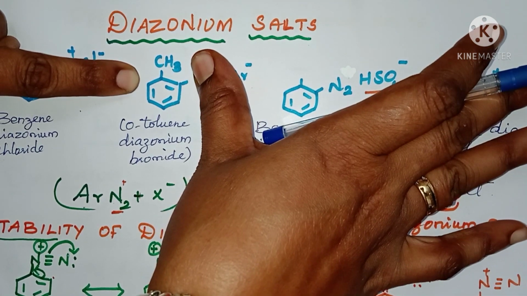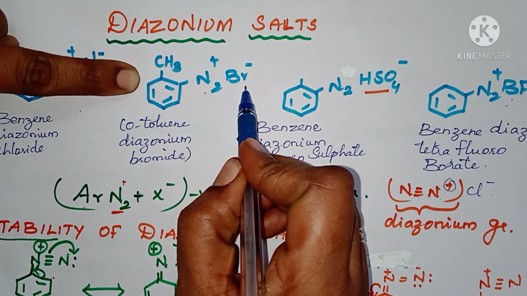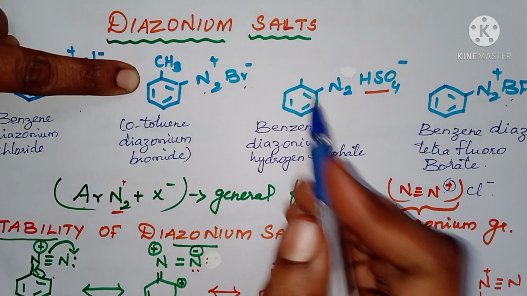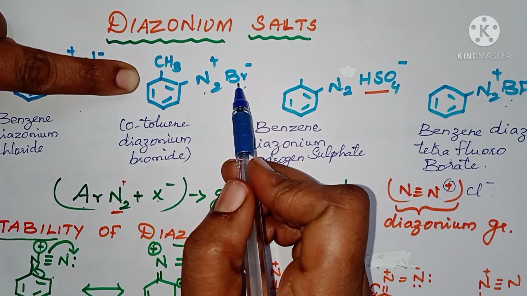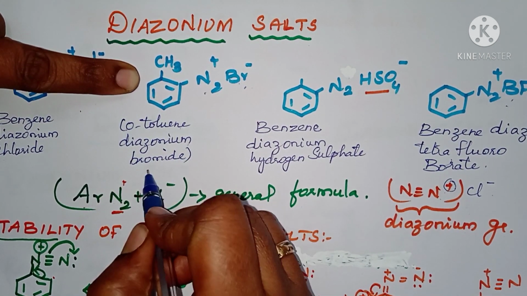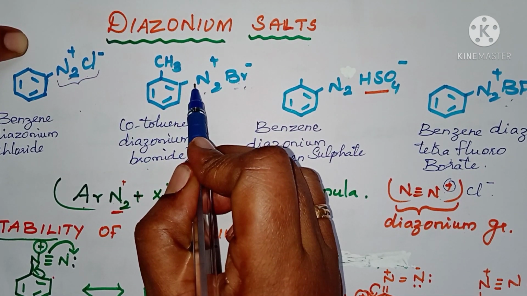So methyl group attached with toluene combined with the diazonium group. Diazonium group is N2 plus with X minus, any halogen, whether it is chlorine, bromine, iodine, all those can occupy it. So this is ortho-toluene diazonium bromide. Ortho, because the group is attached at the ortho position.